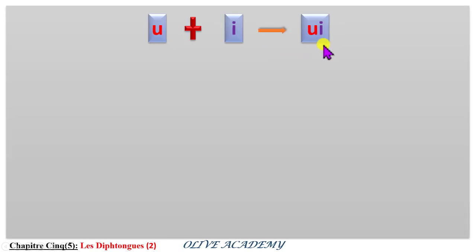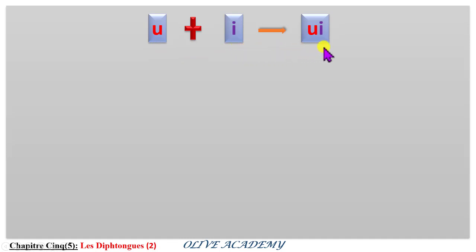In the previous video, we have learned that we talk about diphthong, that's les diphtongues, when in a syllable we have two independent sounds, and the syllable will be made up of two vowels. For example, the one you have here, U is a vowel and I is also a vowel.